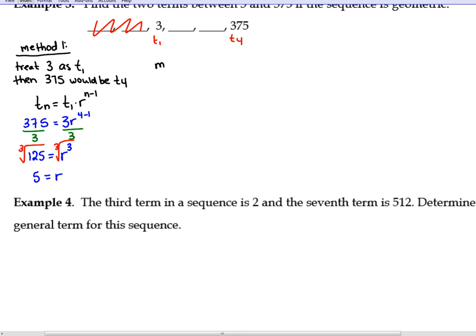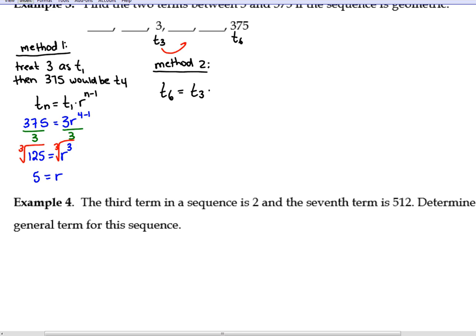The second method is kind of build your own formula. So let's erase this for a second. So method 2: we know term 3 and we know term 6. Okay. We know term 3 and term 6, so we can build our own formula. Term 6 is equal to term 3 times r.